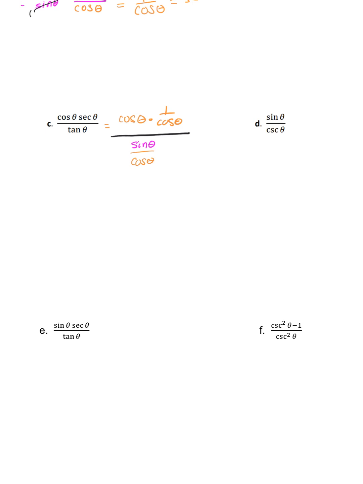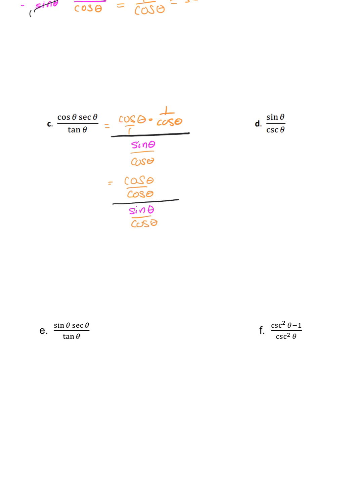So in the numerator, you have a fraction times a fraction, because remember, you put this over 1. So I'm just going to multiply that together, okay? And if you do that, you will get cosine theta over cosine theta all over our denominator, which is sine theta divided by cosine theta.